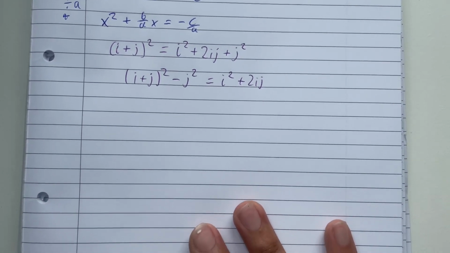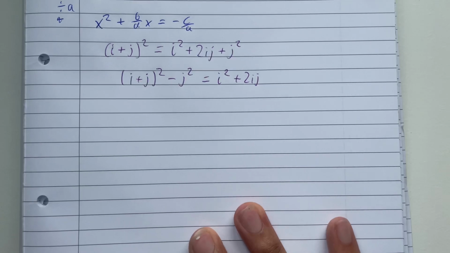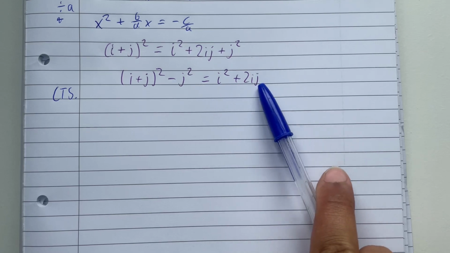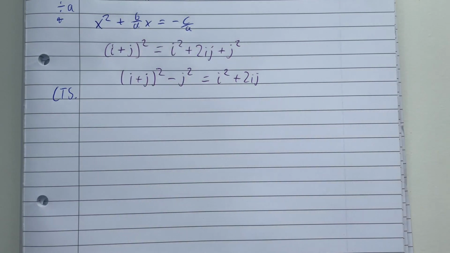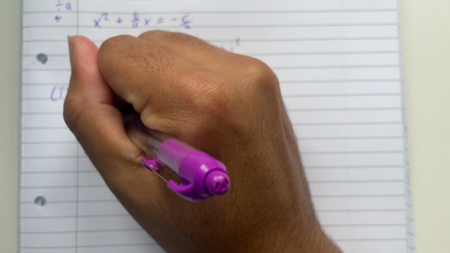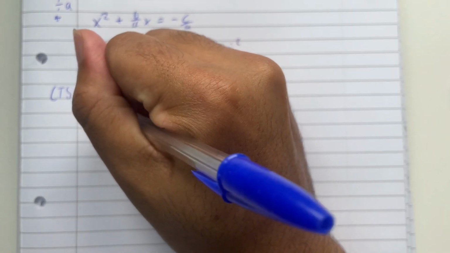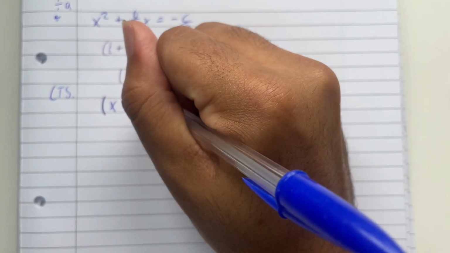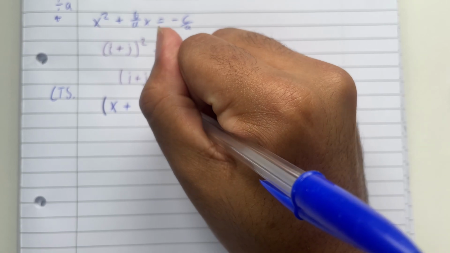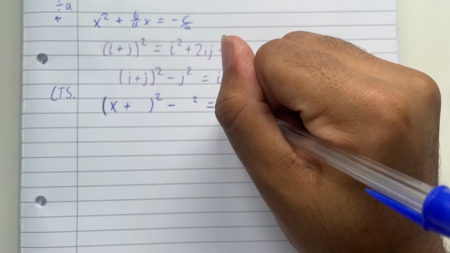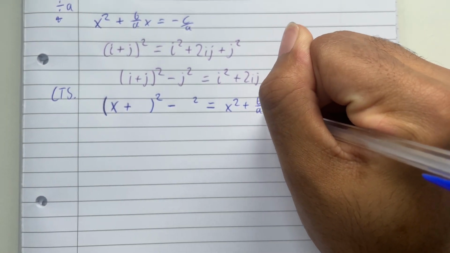Now, this is what you'd normally call completing the square. So, I want my i squared plus 2ij to equal x squared plus b over ax. So, if I have x plus something squared minus that same something squared, then I want to get x squared plus b over ax.